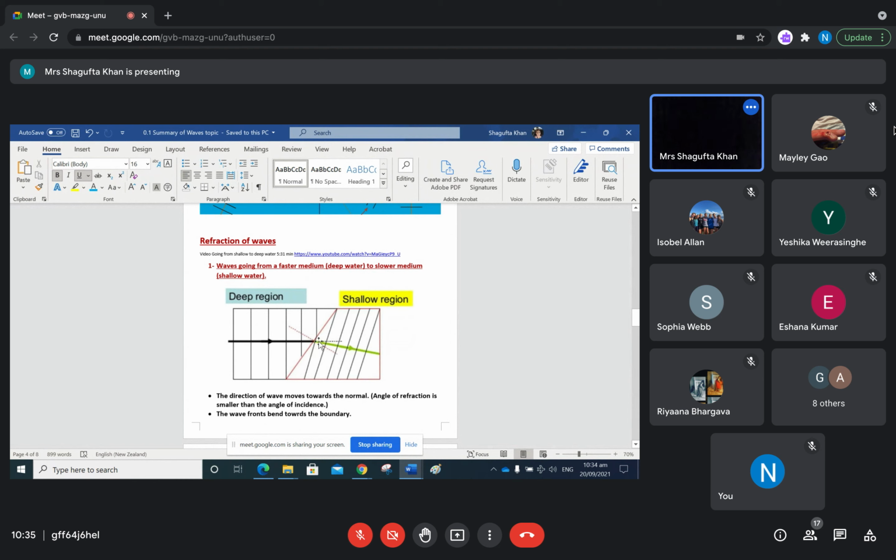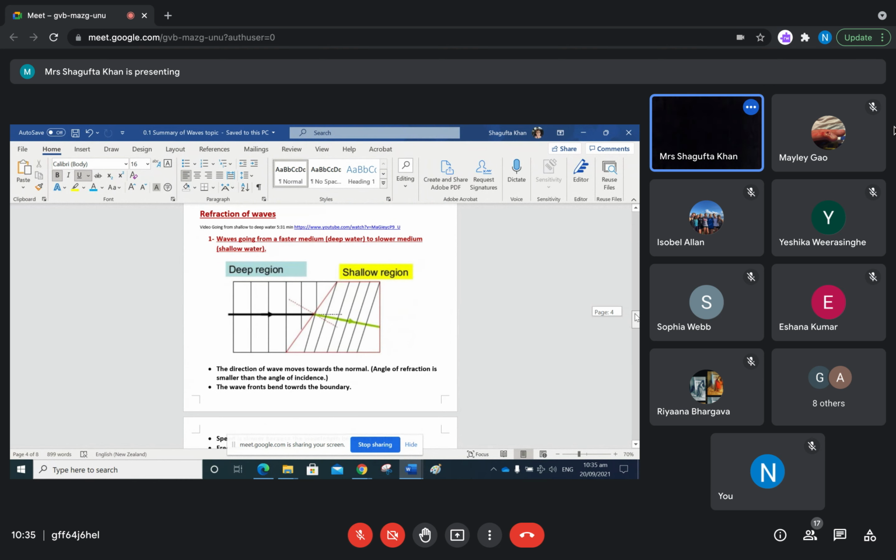Instead of going straight, it bends towards the normal. So what's happening is the wavelength is getting smaller because speed is getting slower, and it's bending towards the normal, or bending towards the boundary. So you need to be able to draw these patterns.